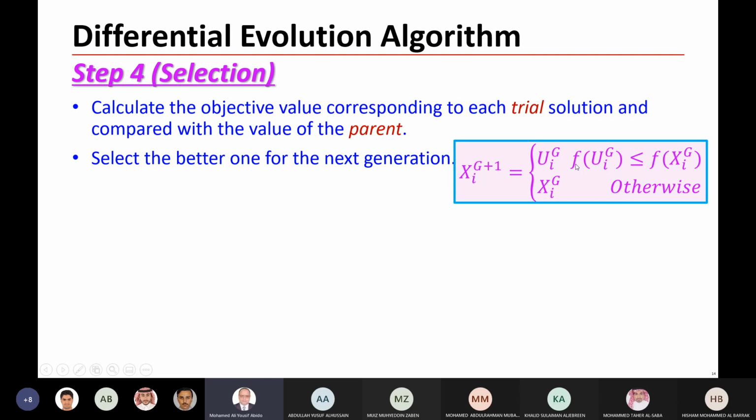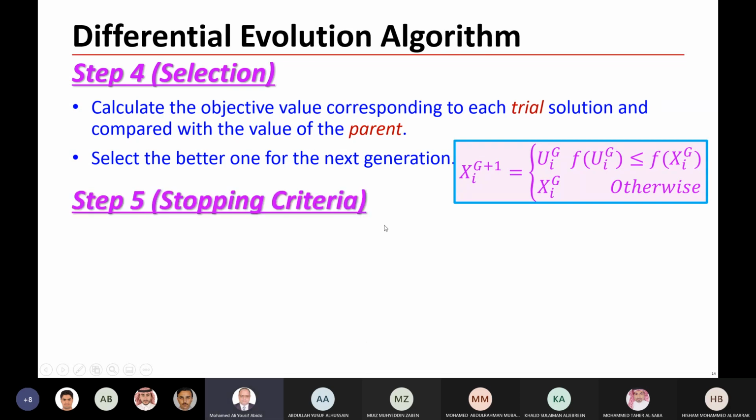I'm assuming this is a minimization problem again. If the fitness of the trial solution is lower than the fitness of the parent, then we can say the trial solution is better than the parent, so we will take it for the next generation. Otherwise, we will take the parent if the opposite occurs.